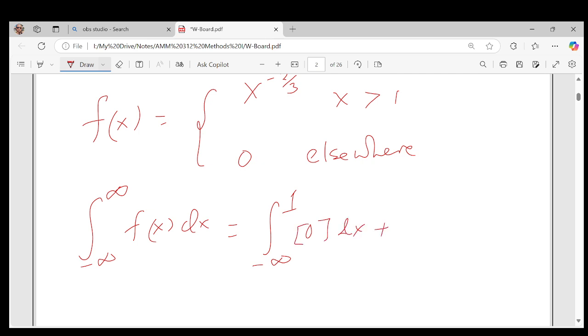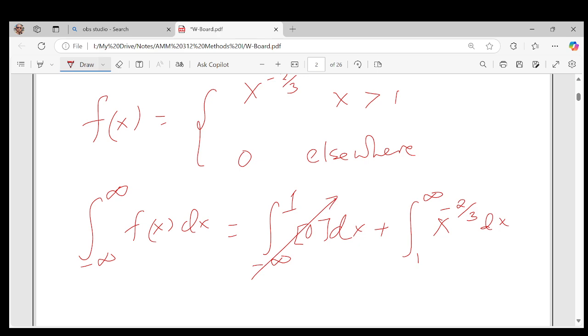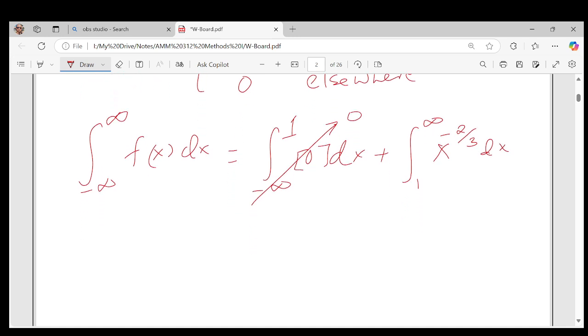And then we have the integral from 1 to infinity, where the function is x raised to power 2 over 3, minus 2 over 3 in this case. So if we work out, we say that the first integral will be 0, because we are integrating 0, and that's a definite integral.